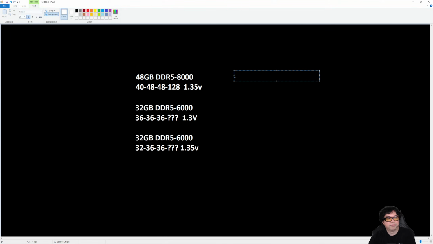Here's another one, 96 gigabyte DDR5 6400, 32, 36, 36. I don't remember what the last number is. I can probably find out.